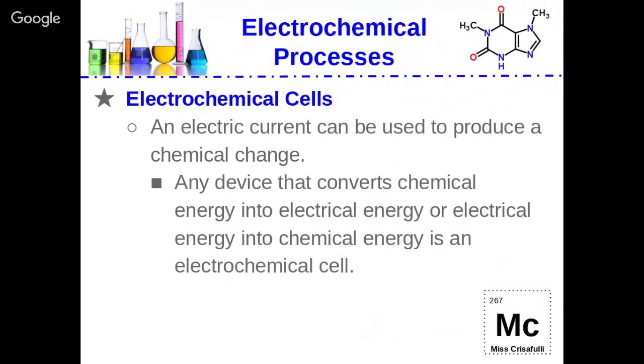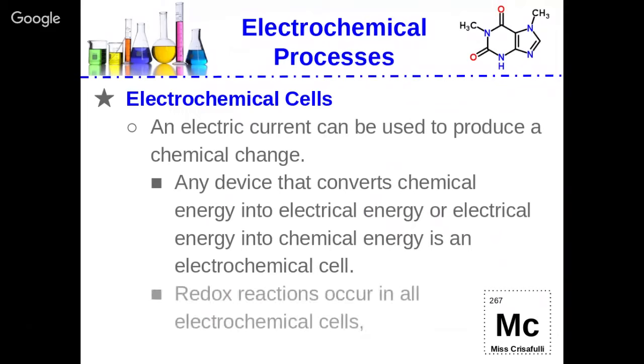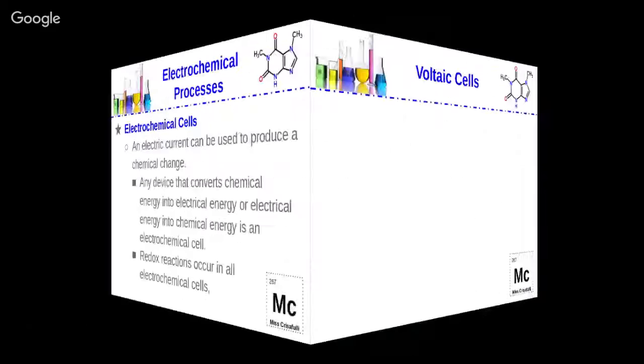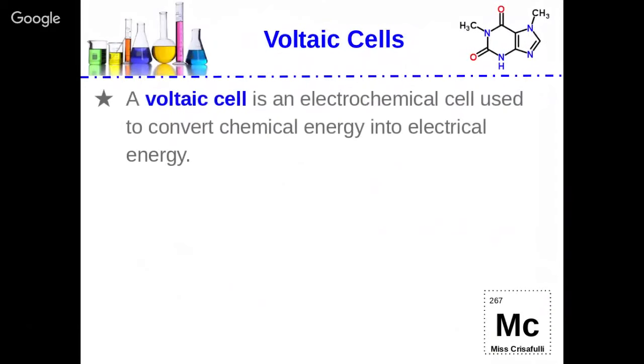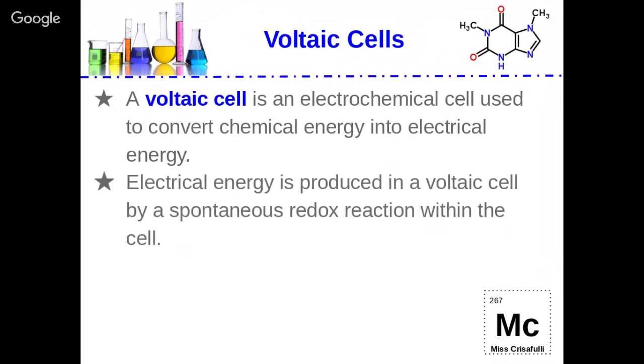Any device that converts chemical energy into electrical energy, or electrical energy into chemical energy, is an electrochemical cell. Redox reactions occur in all electrochemical cells. A voltaic cell is an electrochemical cell used to convert chemical energy into electrical energy. Electrical energy is produced in a voltaic cell by a spontaneous, meaning it happens on its own, redox reaction within the cell.